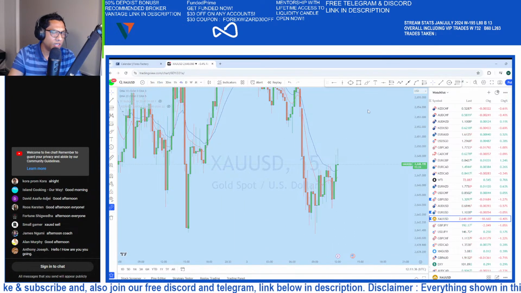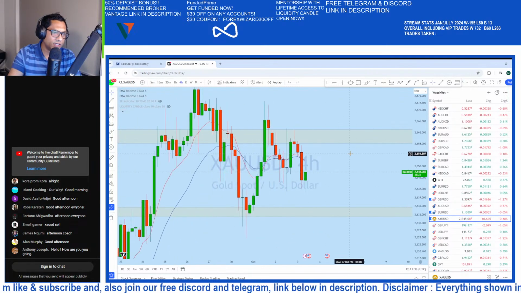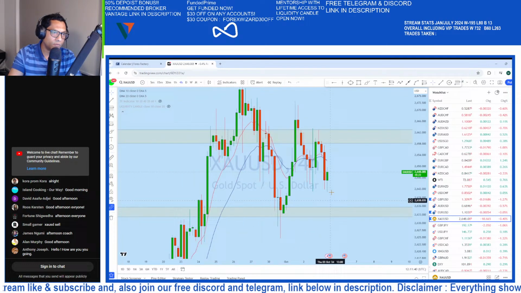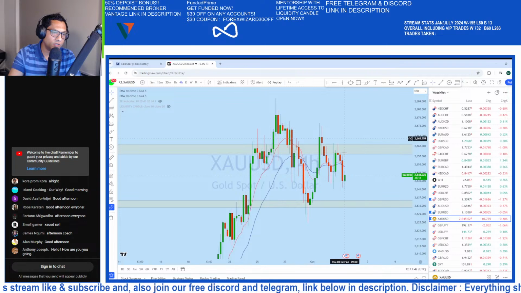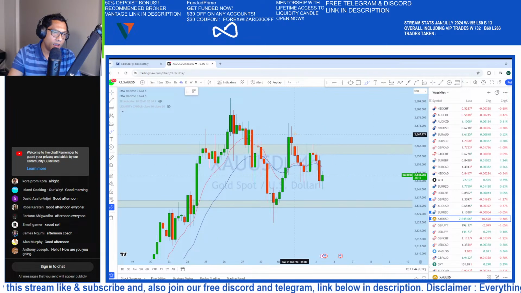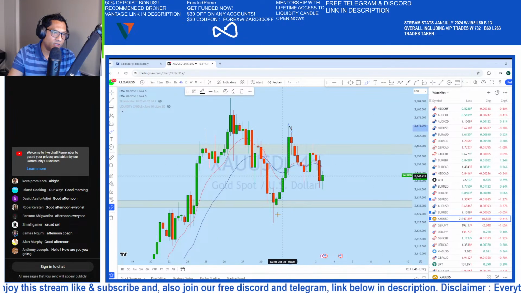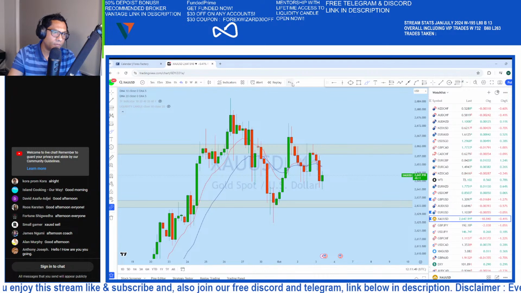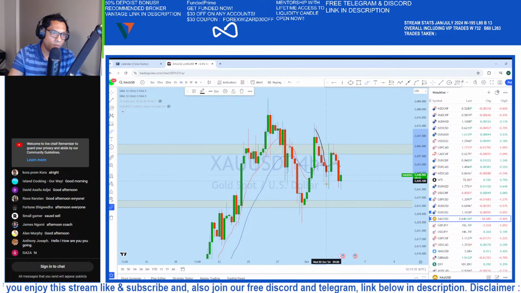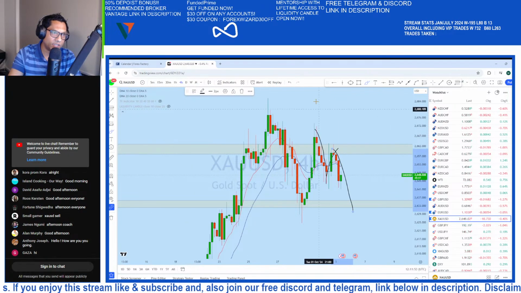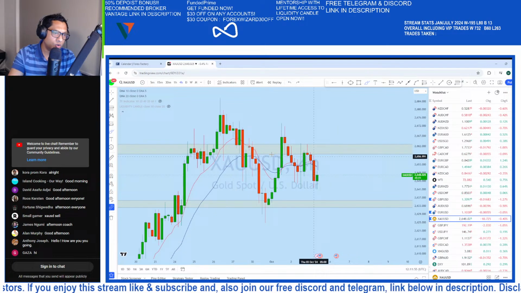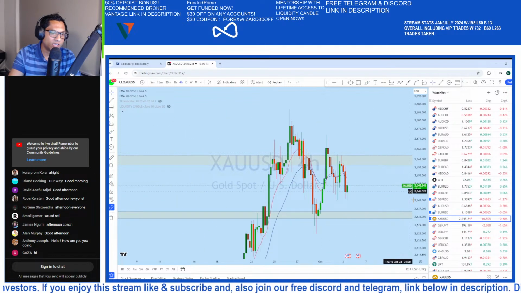You can see this is a very important level here. After this bounce, the market has a drop, then a pullback, and we can expect the market to drop again to create a new lower low. So we can see that on XAUUSD.